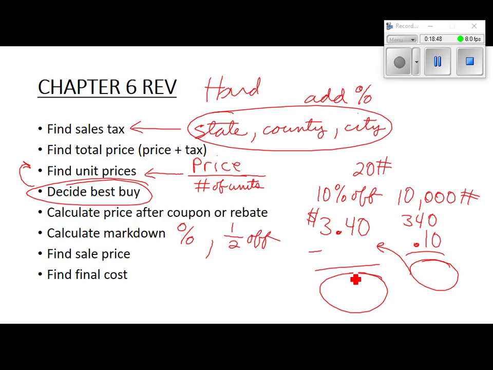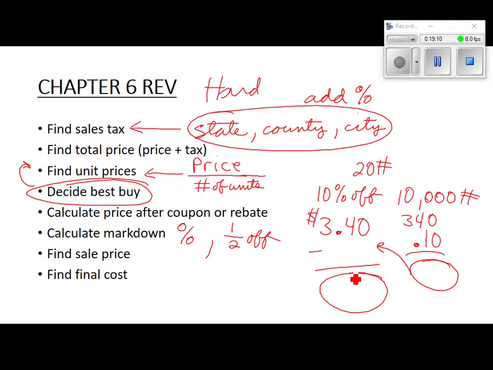Now, is that the way you have to do it? No. The other way you could have done it, and I'll tell this way because I caught myself doing it on a lot of the problems last time when I made that assignment. If it's 10% off, then what percentage are you going to pay? 90.